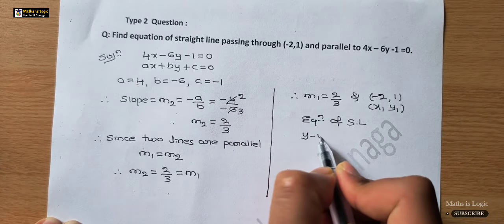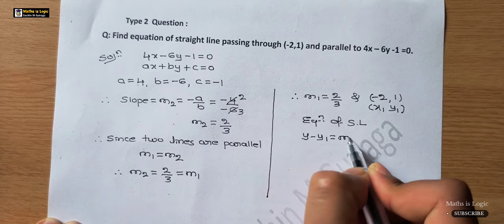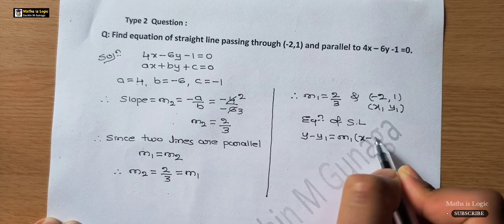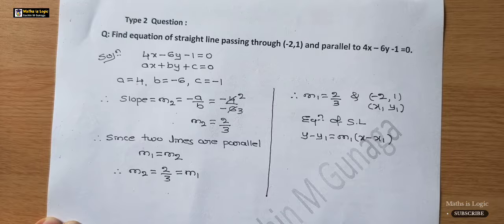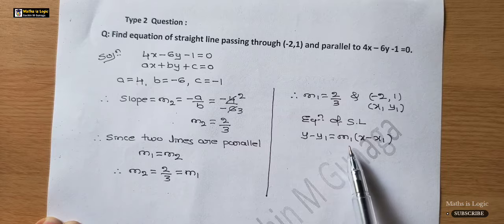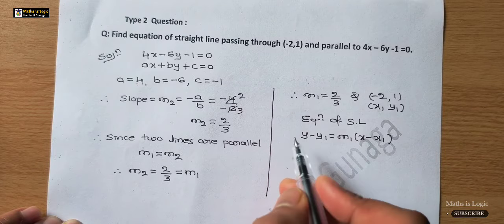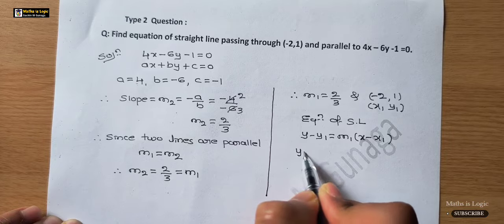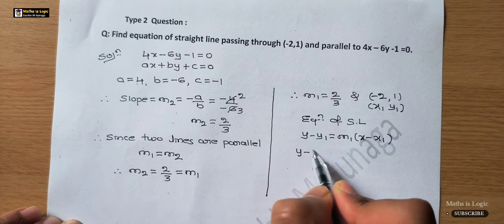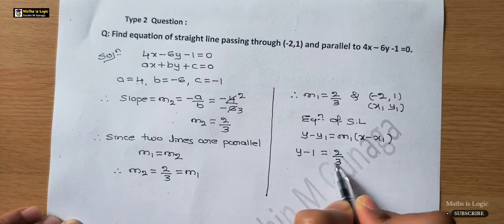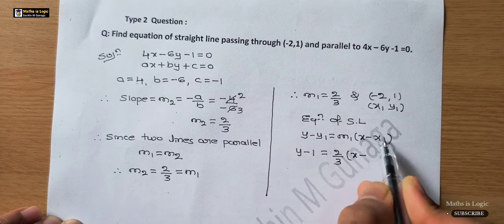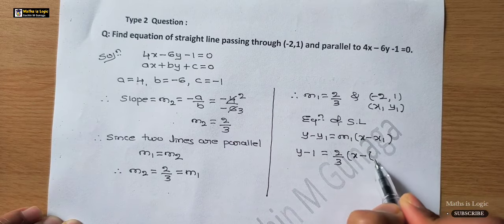What is that? y minus y1 is equals to m1 into bracket x minus x1. This is the first line equation. So slope value I am going to take as m1. Now substitute the points. So y minus y1, 1, is equals to m1, 2 divided by 3, into bracket x minus x1 value, minus 2.